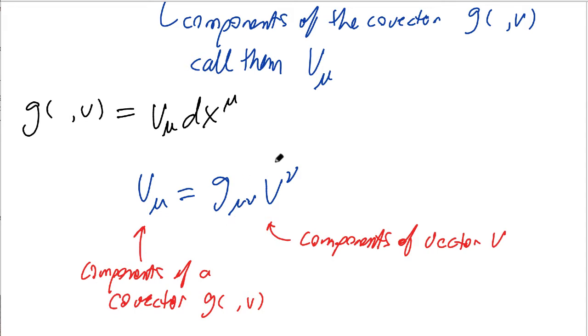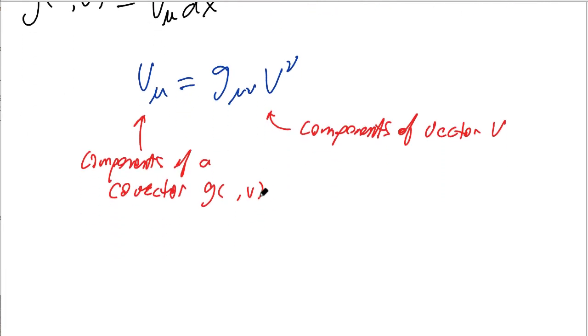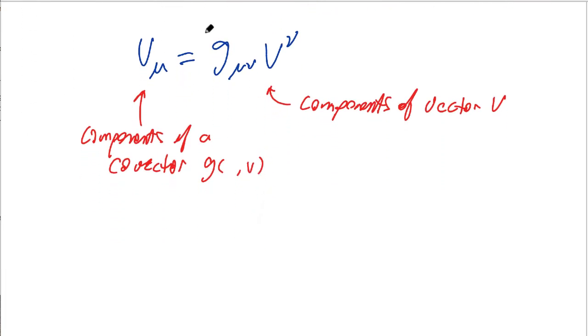And because this association is so natural and occurs so frequently in relativity, we go ahead and give the covector the same base letter, in this case V, as we do the vector. This process of associating a covector with a vector using the metric is sometimes called lowering the index.